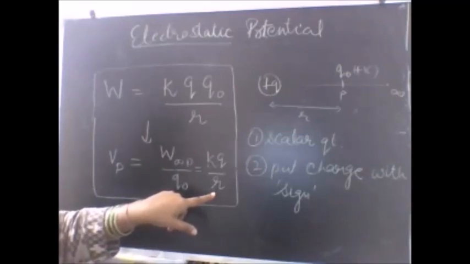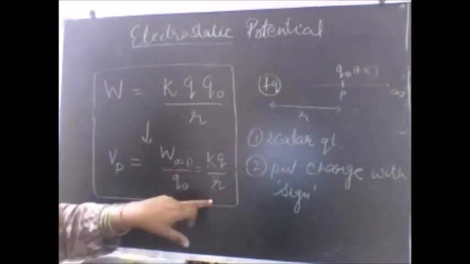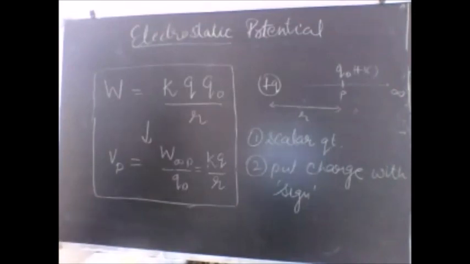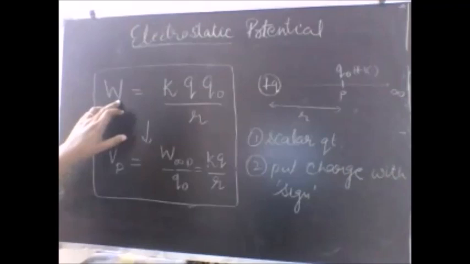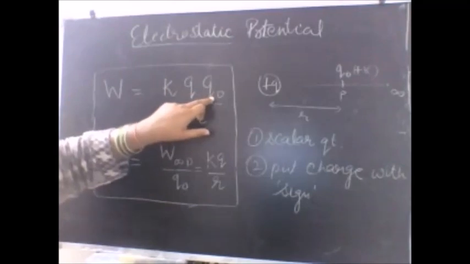Likewise, electric field also was a source charge dependent term. Potential also depends upon the value of the source charge and is independent of the test charge. Whereas when we are talking of the electrostatic potential energy, it involves both the source charge and the test charge.